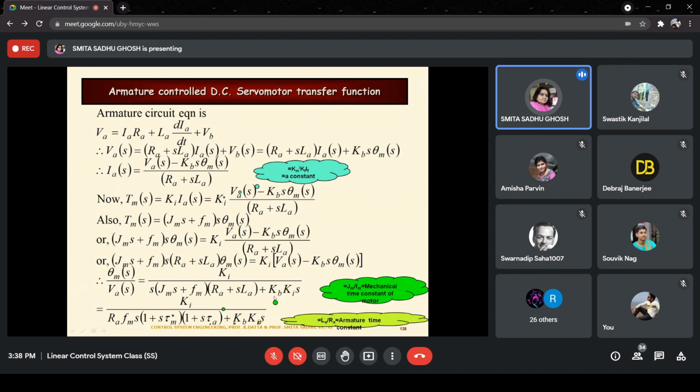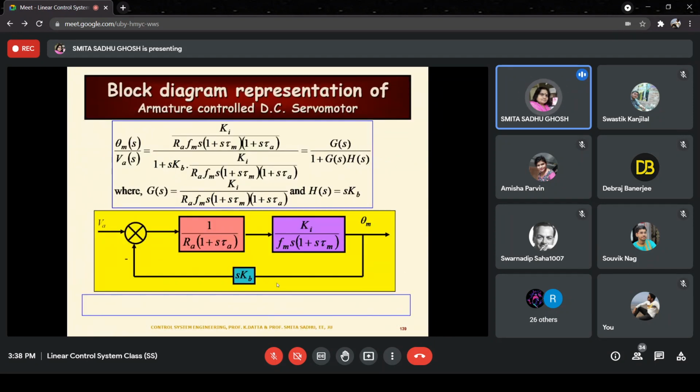On the other hand, in the field control DC servo motor, first of all, it remains a third order transfer function, and also the effect of back EMF does not explicitly come in, because we write the equations for the field side only, and work with the field voltage and field current and all that. So basically, the back EMF effect does not come in the overall model. It does not affect the overall model. So that means there is no added damping present due to the back EMF in the field control DC servo motor.